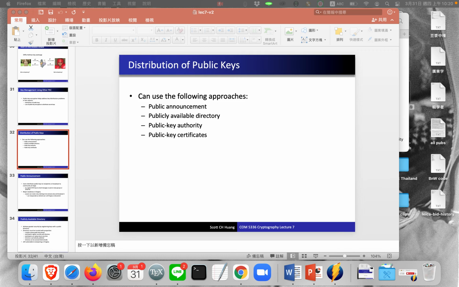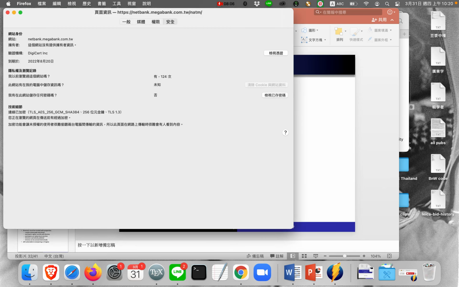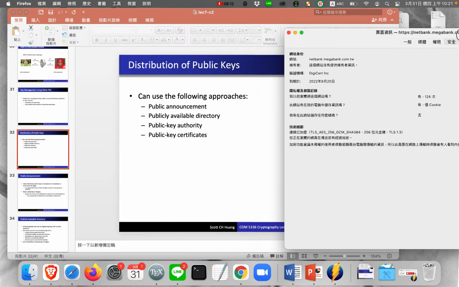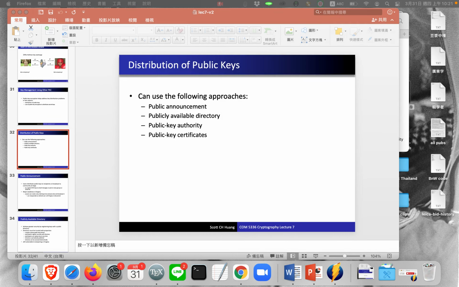And then here we have this certificate. We can show that certificate. It is verified by DigiCert. So you click more information. Oh, okay, so it's here. Maybe drag it.